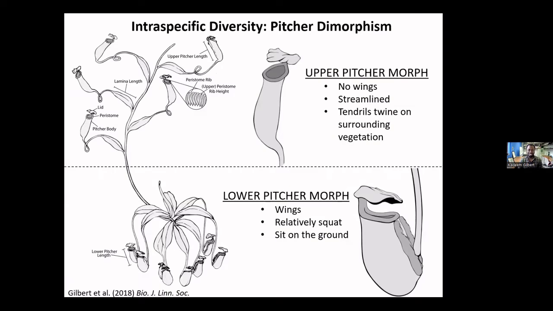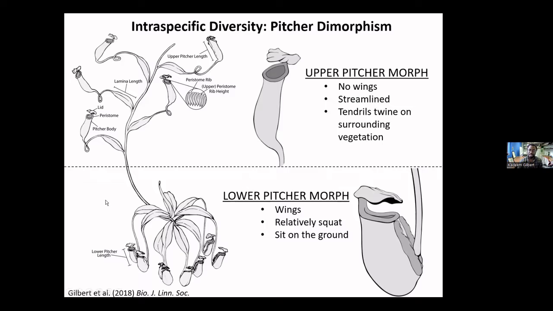So in addition to the vast diversity between species in Nepenthes, intraspecific or within species diversity is also quite ubiquitous. As you're probably aware, almost every species in Nepenthes has this dimorphism where they produce both lower and upper pitcher traps, which even on the same plant are distinct from one another.